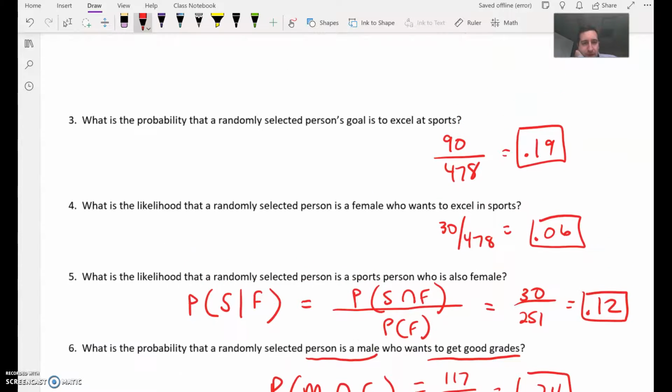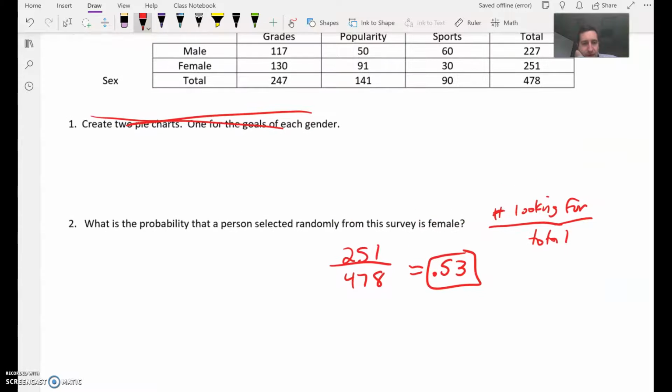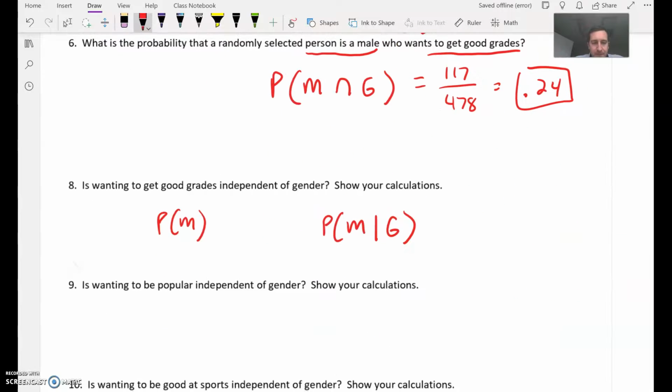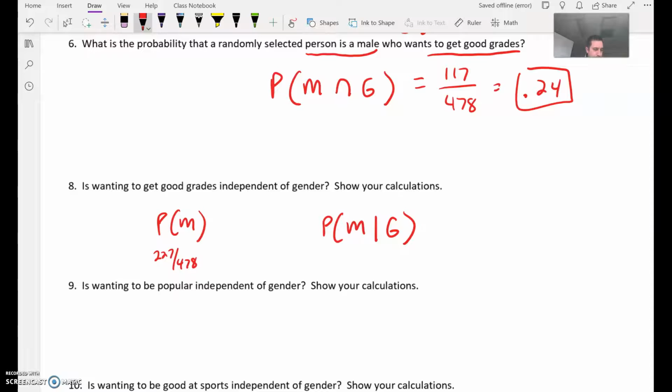So what's the probability of being a male? Have we found that already? No. So let's just do 227 divided by 478. Find the probability of being male. 0.47. You need to compare that with the probability of male given that you have good grades.